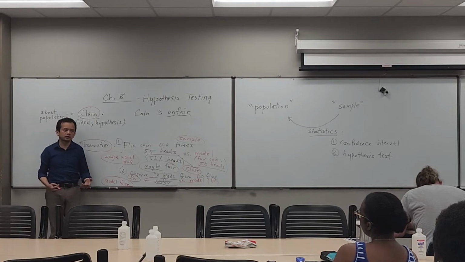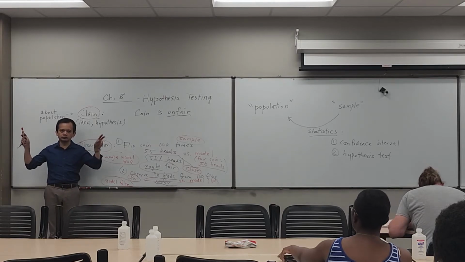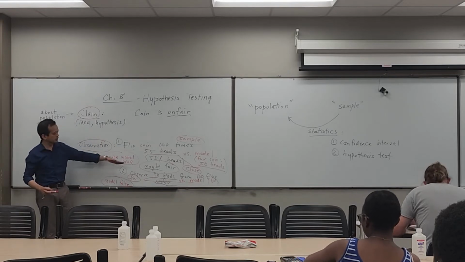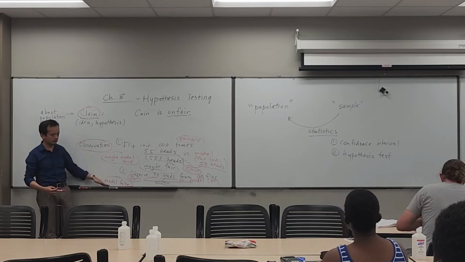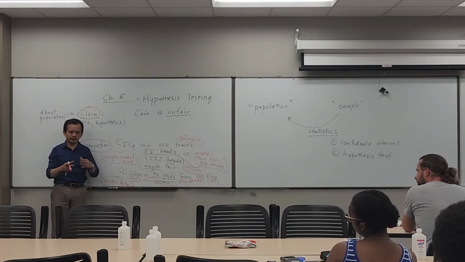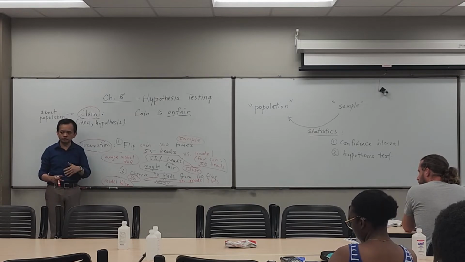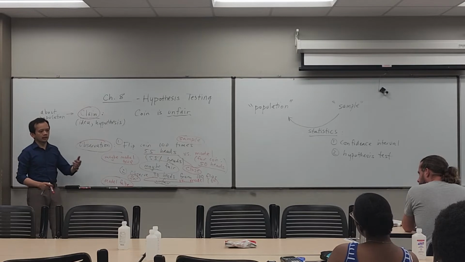So the question now is, how do you know whether the observation is considered close enough to the model or not? In which case, you reach the first set of conclusions. Or if it's too far away from the model, you reach the second set of conclusions. So how do you draw that line between close enough and too far away? Wouldn't that be based on your confidence level? Yeah, very good.